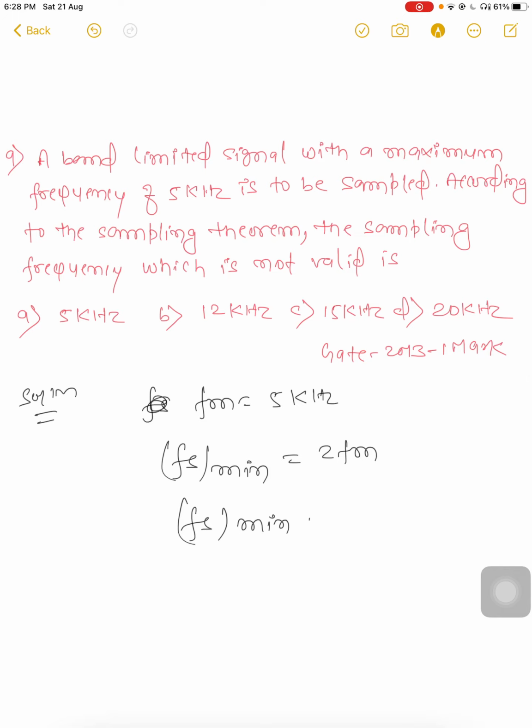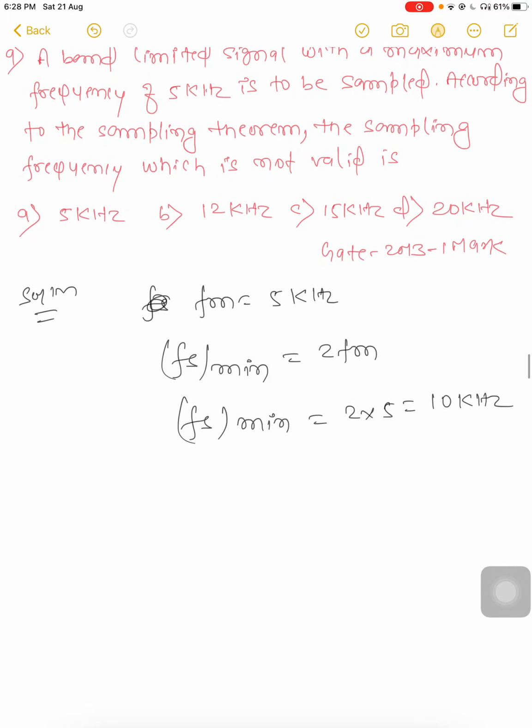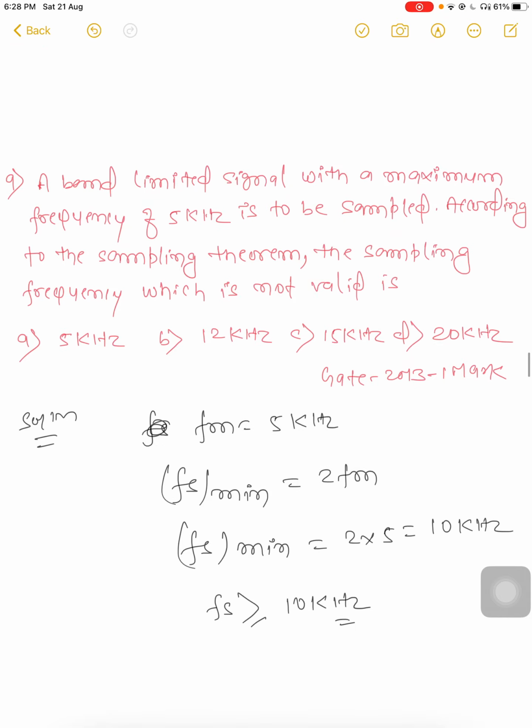So fs minimum is equal to 2 into 5, that is 10 kilohertz. So fs is greater than or equal to 10 kilohertz.